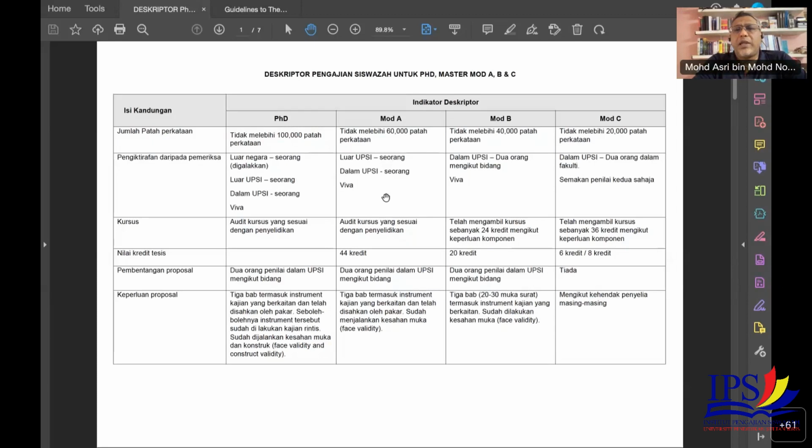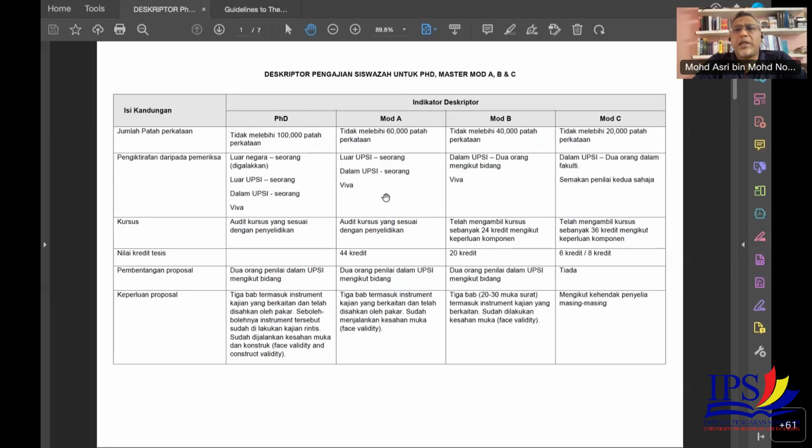Okay, you're not doing something that is way above the credit hours that are given to you. So if your credit hours for that project is only 8, do something that is worth 8 credit hours, not 44 credit hours. So that one you have to understand.